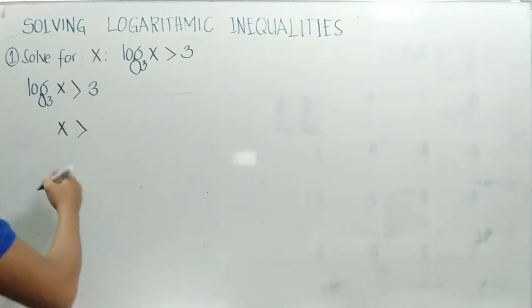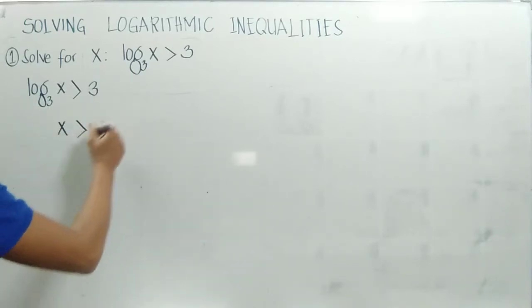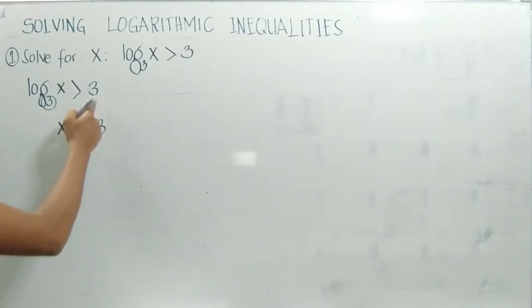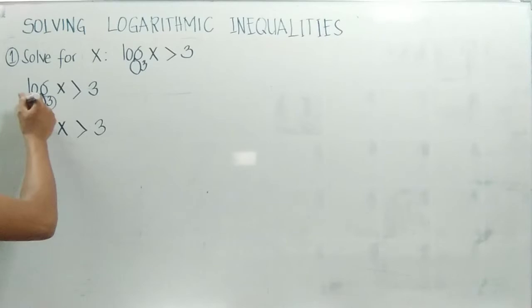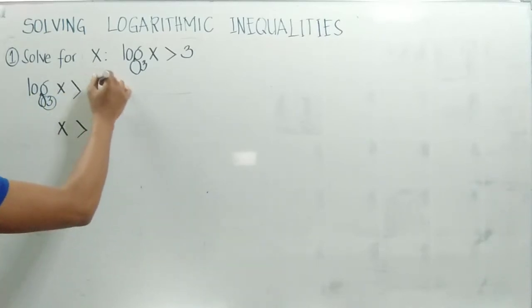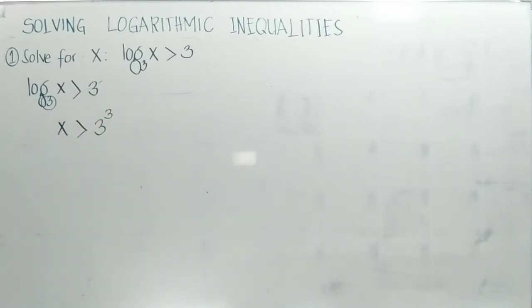Then we will rewrite this logarithm into exponential form. So we have your base 3. From here, the base is 3. Then the logarithm is your exponent. So the exponent 3 in here is 1.